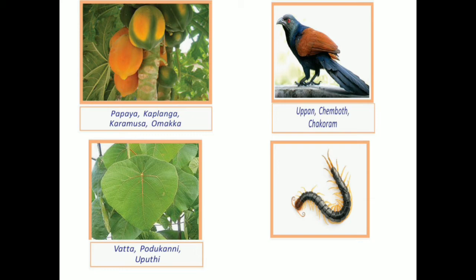And it also has other names in different places: Parudara, Karinkanni, Kalkunnan, Chedumpuram, all such things. From these examples itself, you can identify that each organism has different names in different localities or regions.